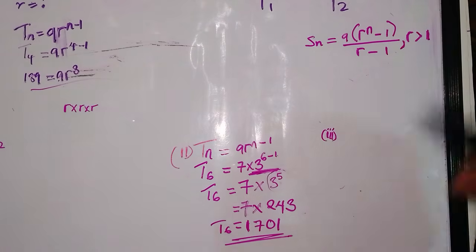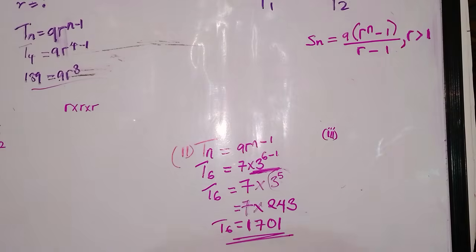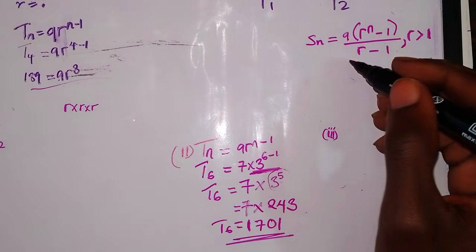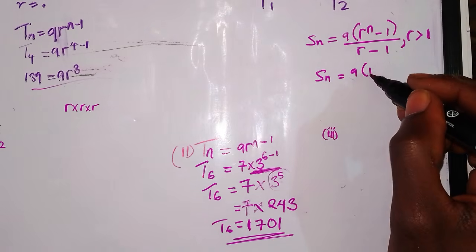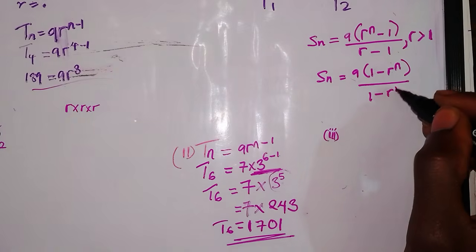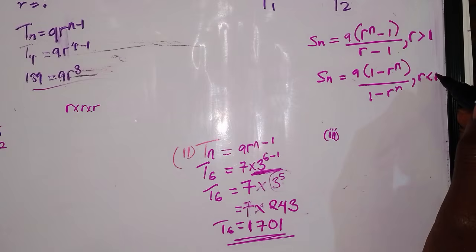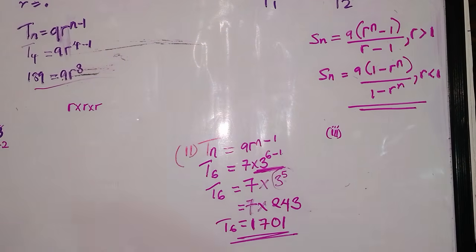So if you find your common ratio to be greater than 1, make sure you use this formula to find your sum of any term. Then if your r is less than 1, you use this formula. When r is less than 1. Yeah, so don't worry, these formulas they give at the cover page of your paper.